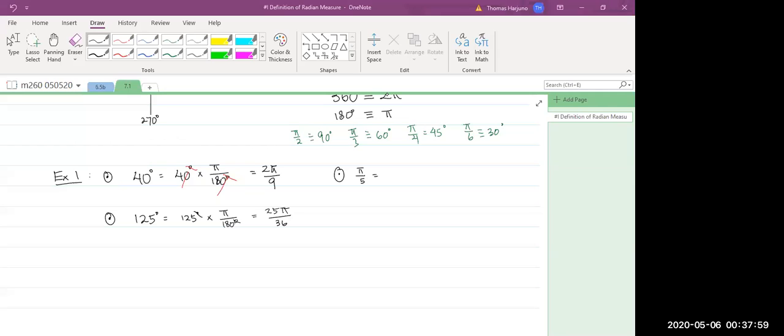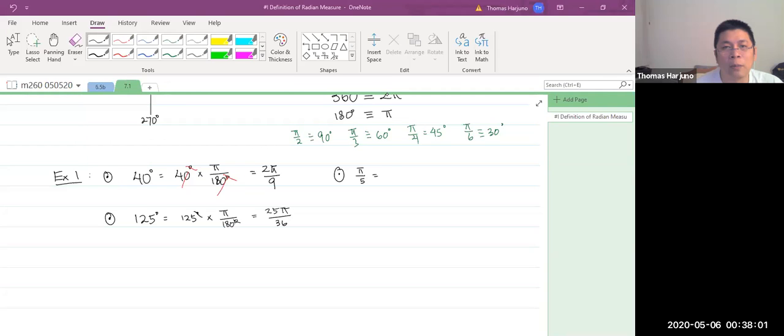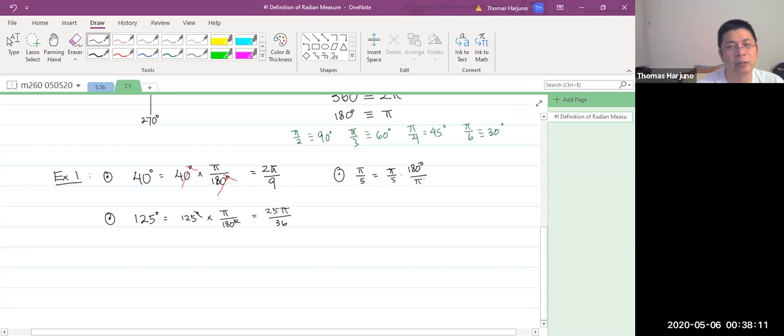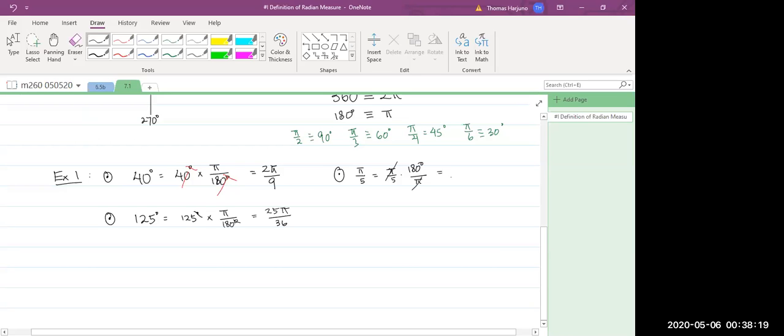That will be pi over 5 multiplied by 180 degrees over pi. That way I can cancel the radian. In this case, I happen to cancel the pi. Okay, 36. So that will be 36 degrees.